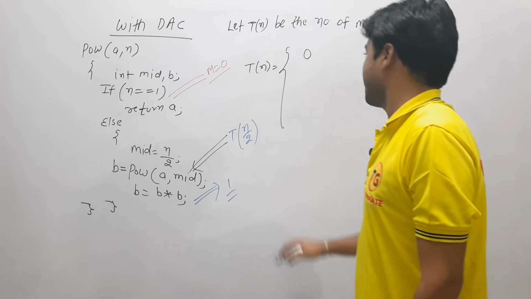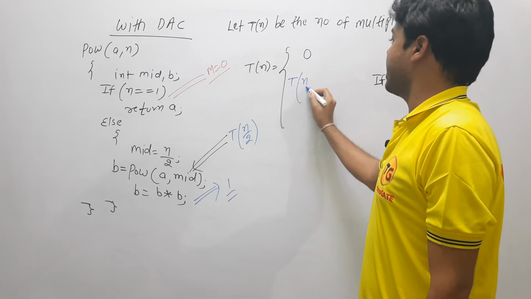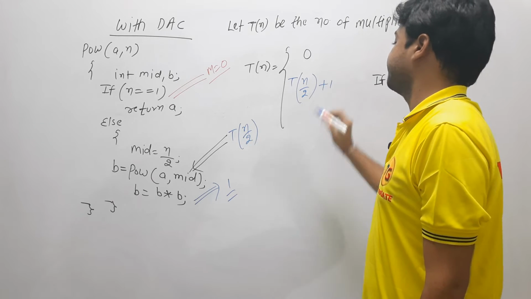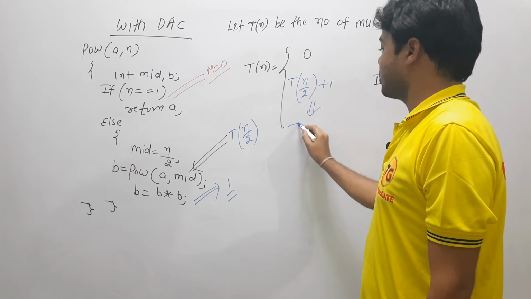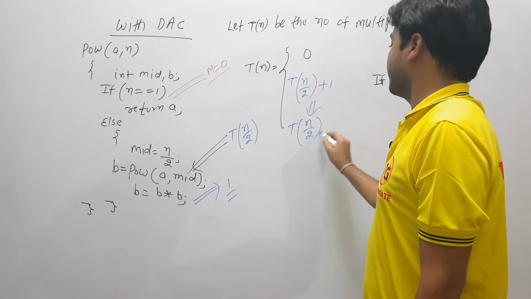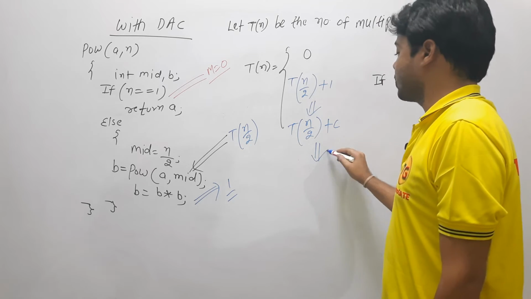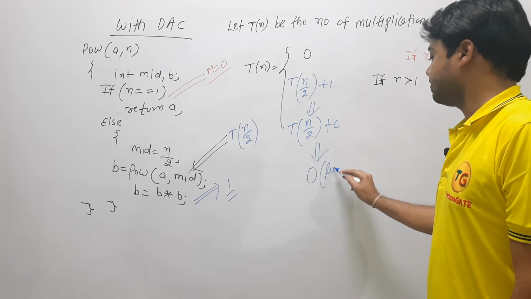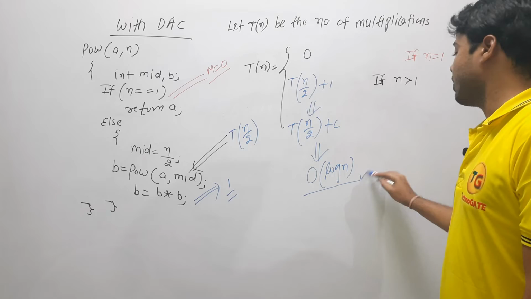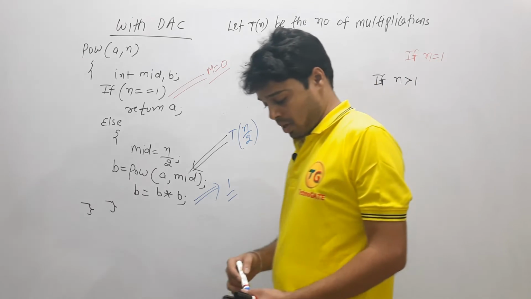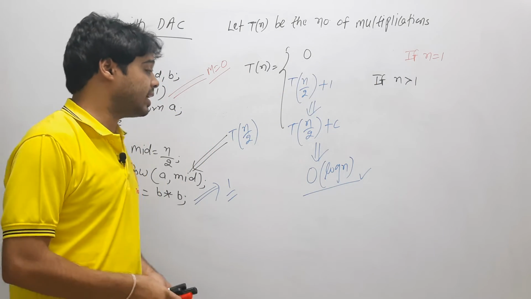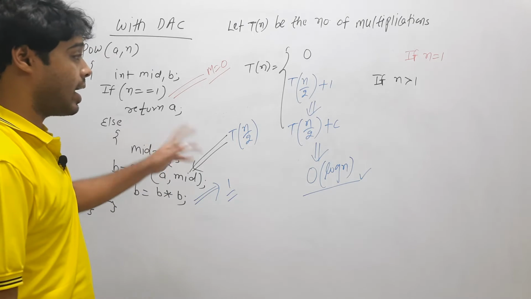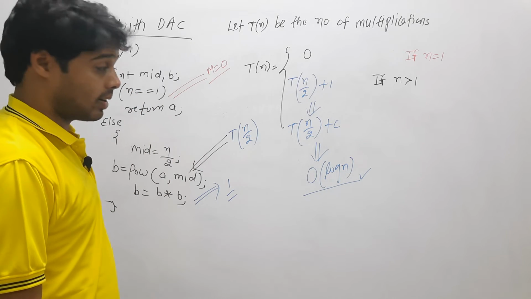So T(n) = T(n/2) + 1. Since 1 is a constant, T(n) = T(n/2) + c. What is the solution of this one? We already solved this recurrence relation: order of log n. Order of log n time is required with divide and conquer, and without divide and conquer, order of n time is required.